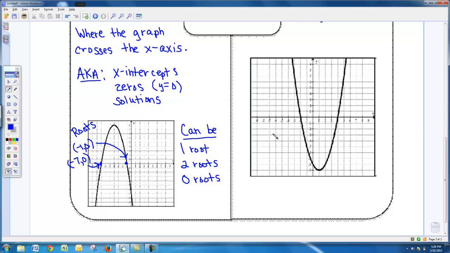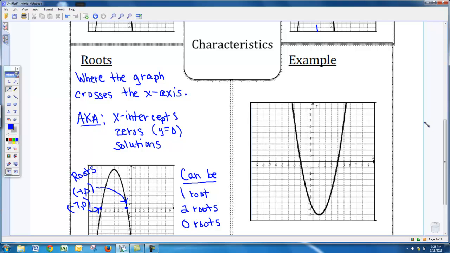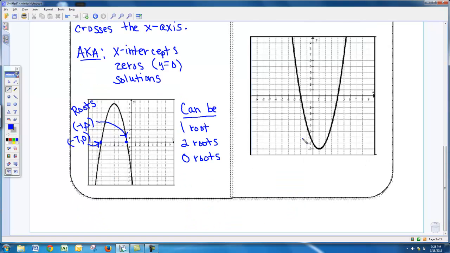Okay, let's do a quick example before we're done. Let's identify the parts of this parabola. Okay, this parabola has a vertex at the ordered pair 1, -9.